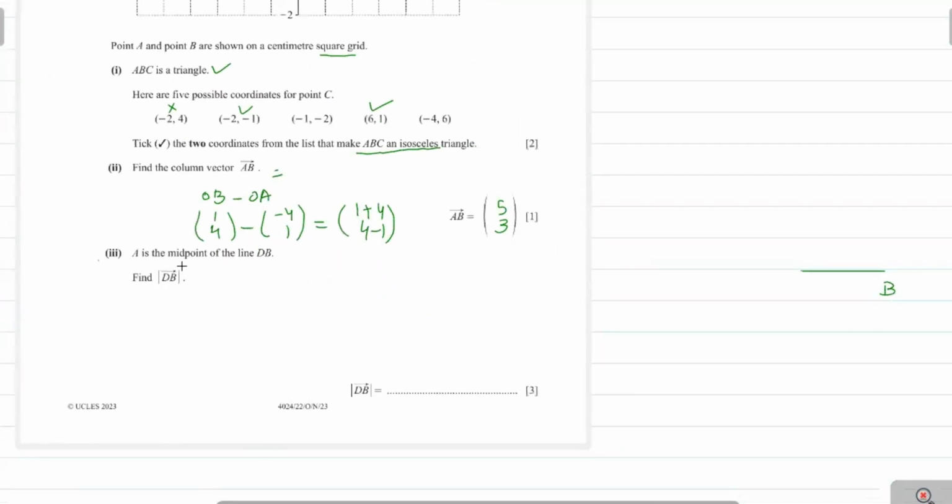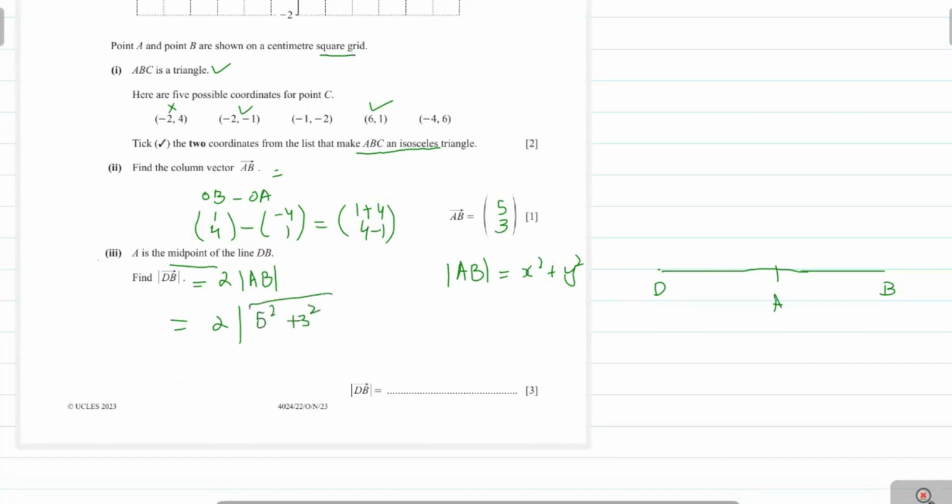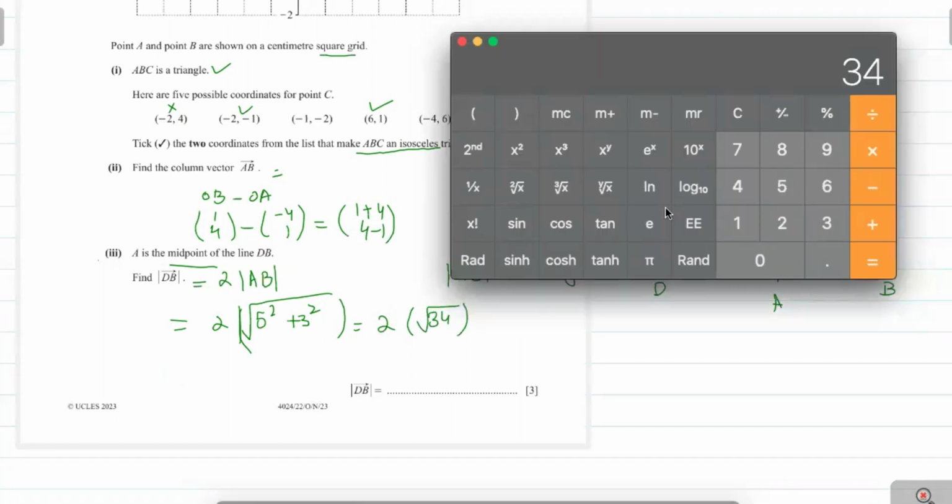Next is the third part. A is the midpoint of DB. Now we suppose this is the line DB, and the midpoint is A. Therefore, the length DB in terms of AB is 2 times the magnitude of vector AB. The magnitude of vector AB we can find using the formula square root of x squared plus y squared. Here x is 5, so 5 squared plus 3 squared, and taking the square root of this, the value will be the square root of 25 plus 9, which is 34.